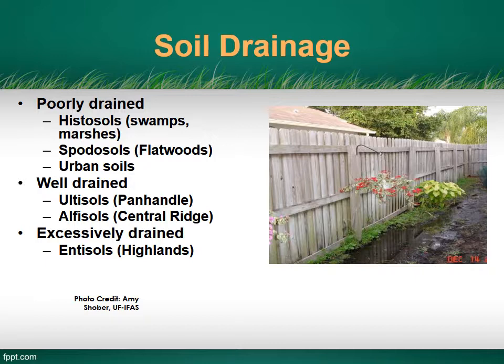Very well drained ones are ultisols or alfisols. And then excessively drained, extremely sandy soils are entisols, which in historical time period are very, very young soils. I mean, they may still be a couple million years old, but in the large term, they're very young soils. So you really don't need to learn the names of the different soil types, but be aware that there is an entire system for soils where different types of soils are given different names.